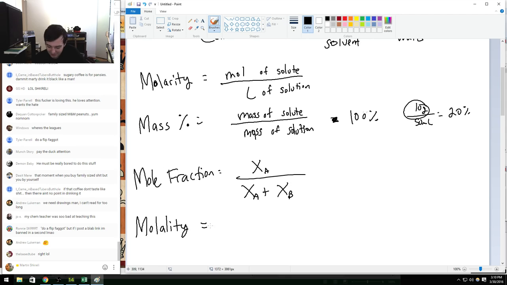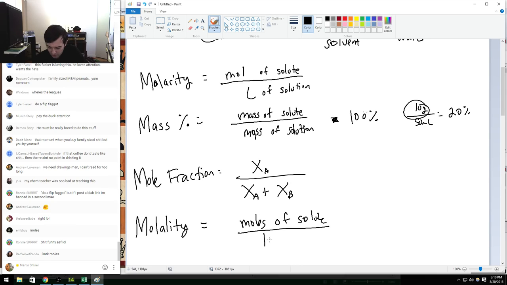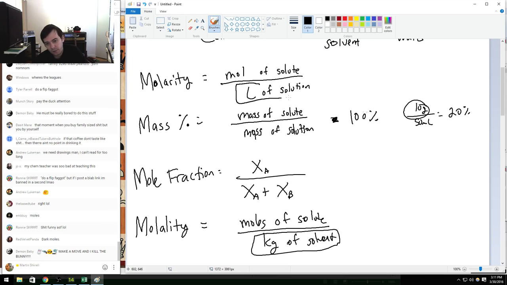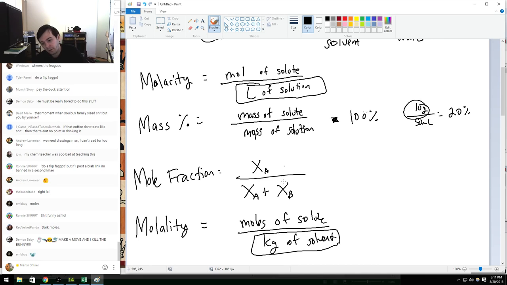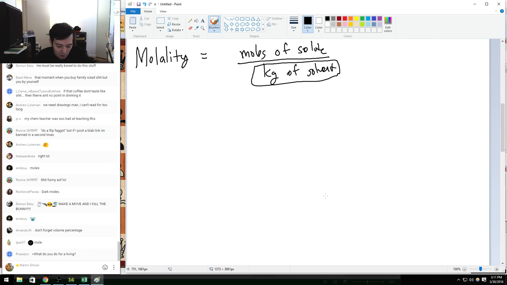But molality, which is moles of solute, similar to molarity. The numerator is moles of solute. The denominator is different. It's actually kilograms of solvent. So if you want to do it with a weight-based denominator, you get molality. If you want to do it with a volume-based denominator, you get molarity, and you can obviously convert between the two pretty easily.